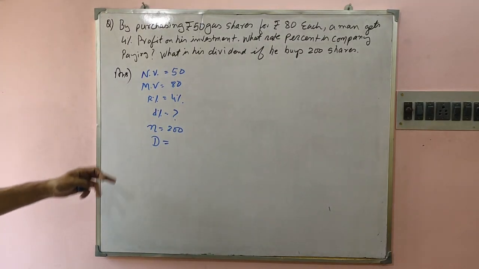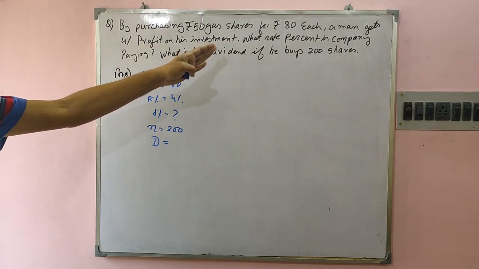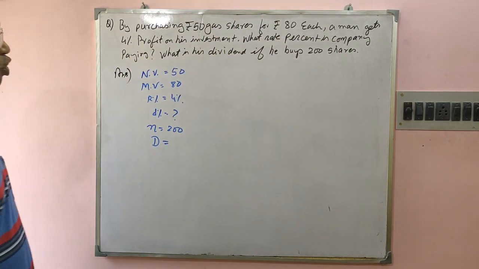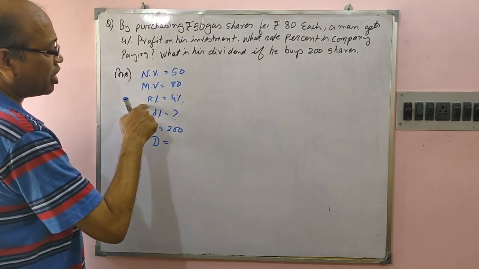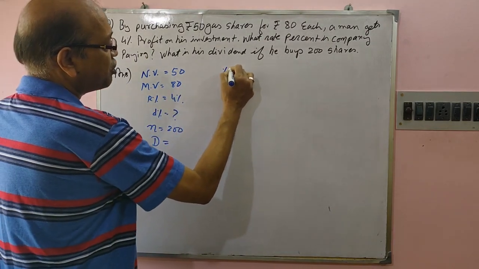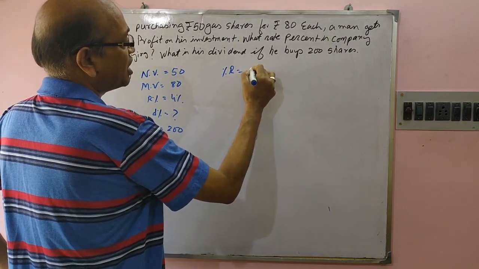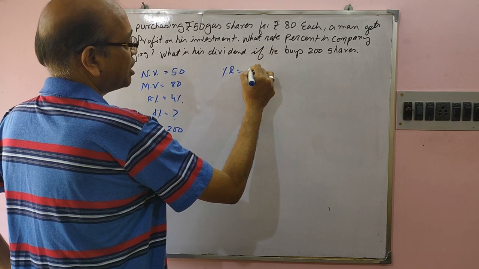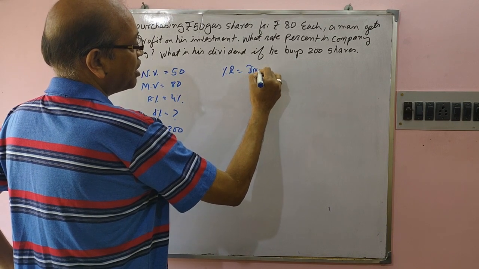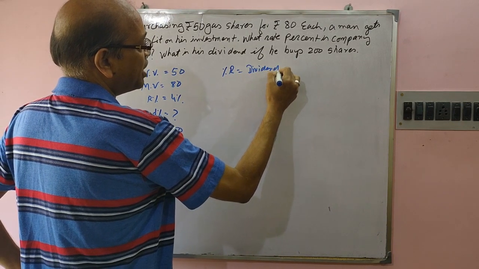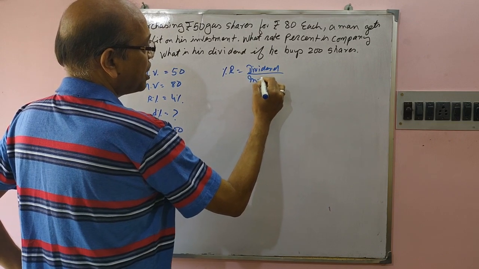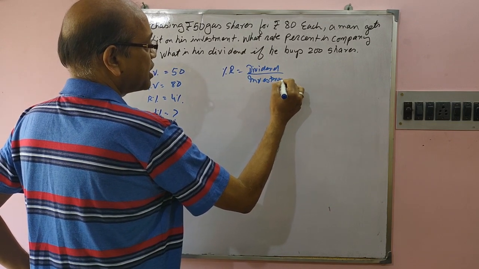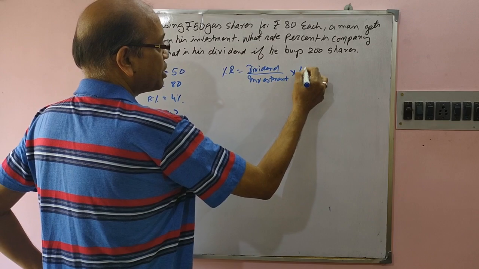Now, what we have to find? The rate percent. Okay, I know what your percentage return means: dividend by investment into 100.